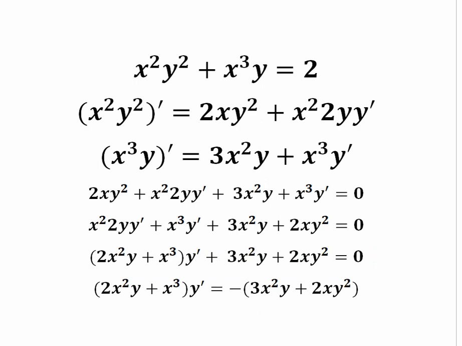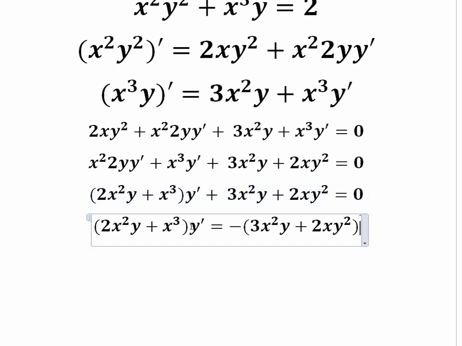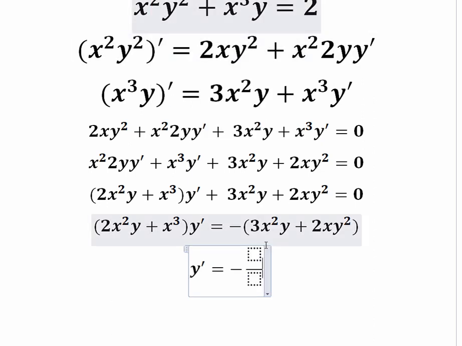So we will move that over to the right, and it will change sign in the process, and now all we have to do is solve for y prime finally. And what we shall have is negative, and then in the numerator we have this quantity here.